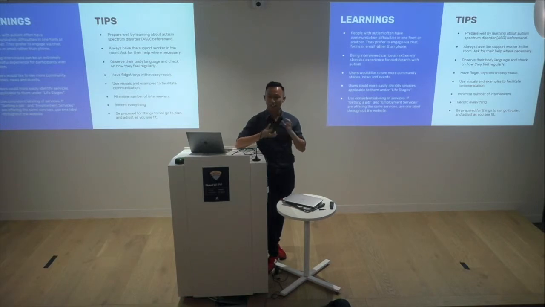Fidget toys are really colorful toys that help some people with ASD calm their nerves, so having them nearby is good. Also use other ways to communicate. If verbal doesn't work, use visuals, examples and slides, different ways to communicate what you want to ask.